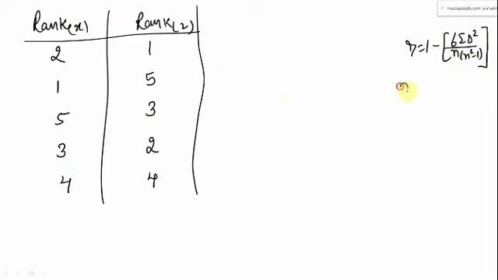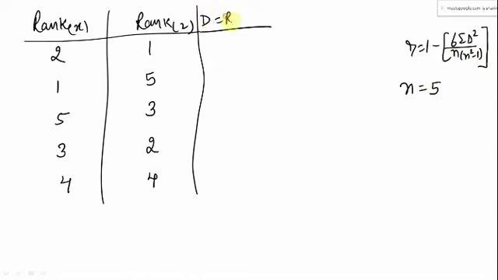So we clearly know that n is the number of pairs of observations. How many pairs are there? Five. So n is 5. Now we need to find out d first.